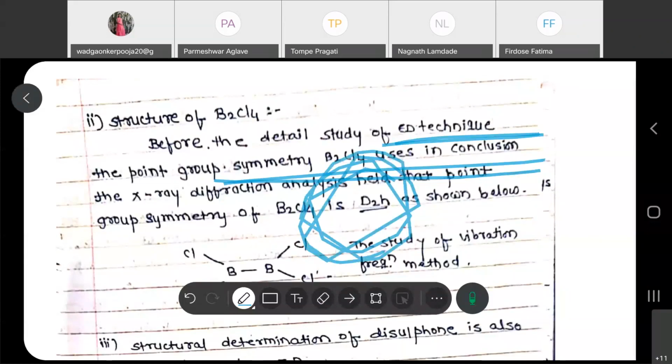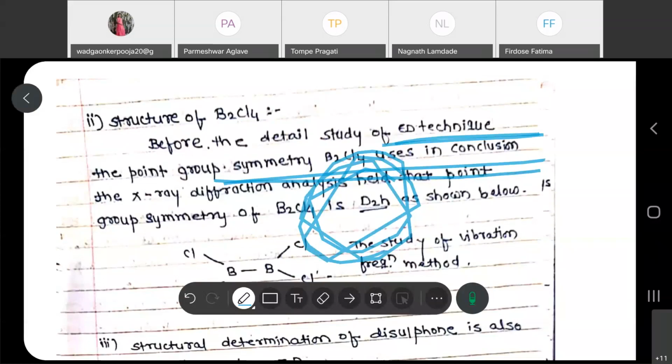And they may ask you this question in your MCQ: by using electron diffraction, can you determine the structure and the geometrical determination of your B2Cl4 molecule? Can you determine the structure of the B2Cl4 molecule, or can you determine the symmetry of your molecule? And the last option can be all of the above.